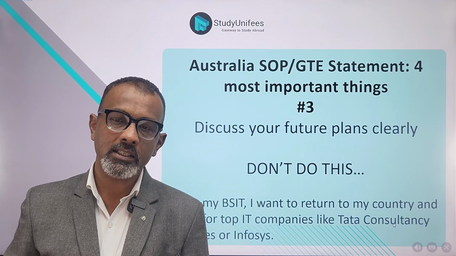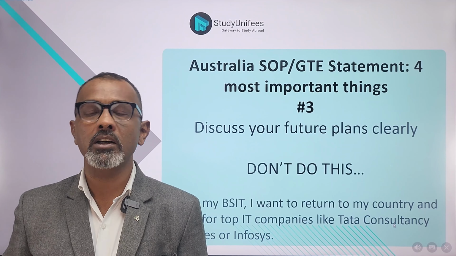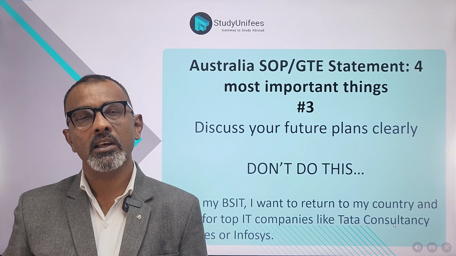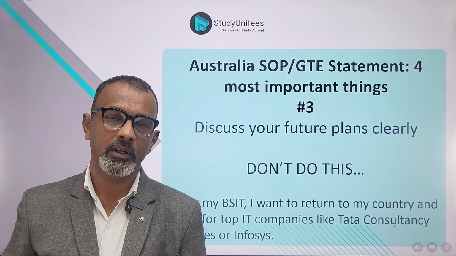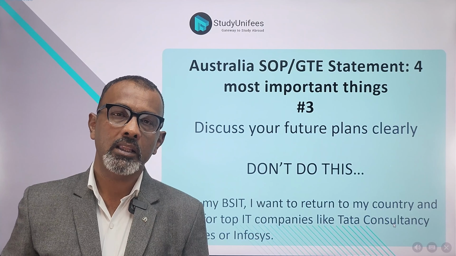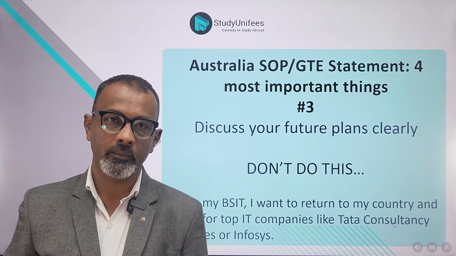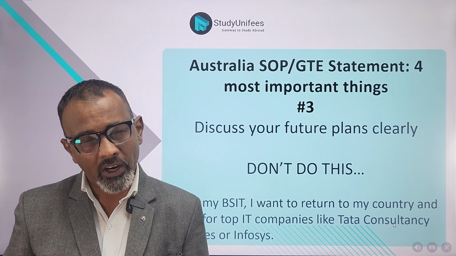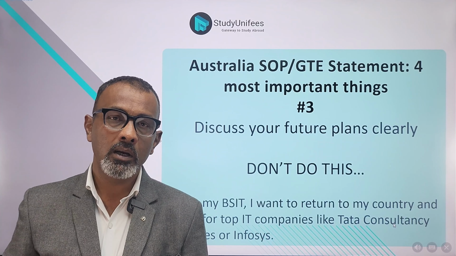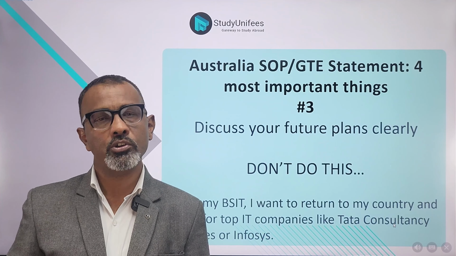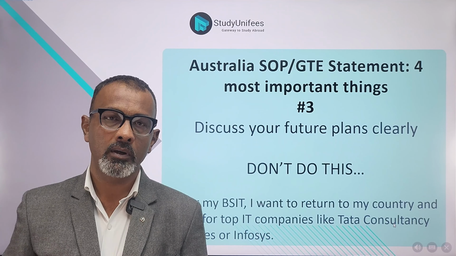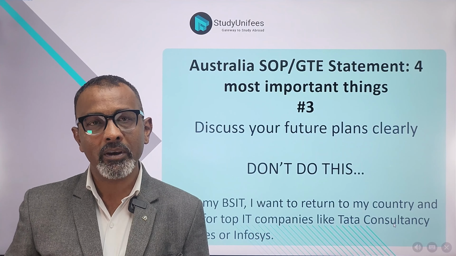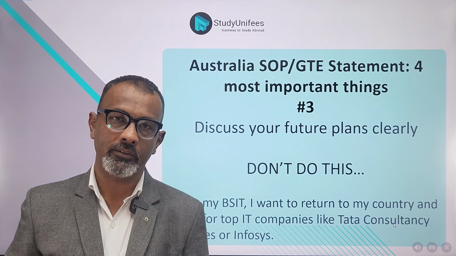After his BSIT, this student wants to return to his home country and work for a top IT company. This is just not detailed enough. It does not demonstrate that you have a clear plan for the future. It does not demonstrate also that you have professional entry-level goals, mid-career goals, and also long-term goals. Finally, it does not demonstrate that you have an academic and professional plan for your life.